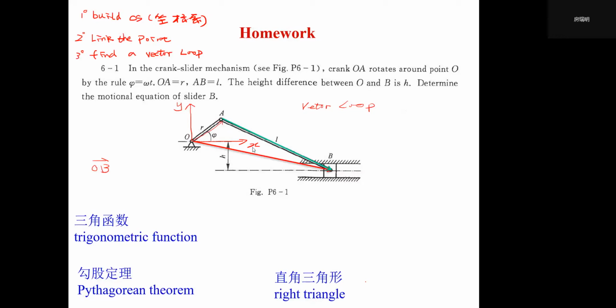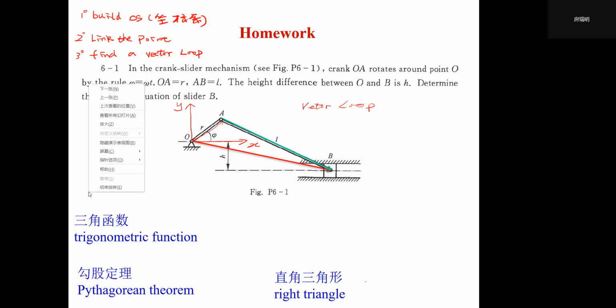The second one should be, we should link the point. This point is the point we are trying to find its motion information for, right? So you guys can see we link OB and we have a vector OB, right?